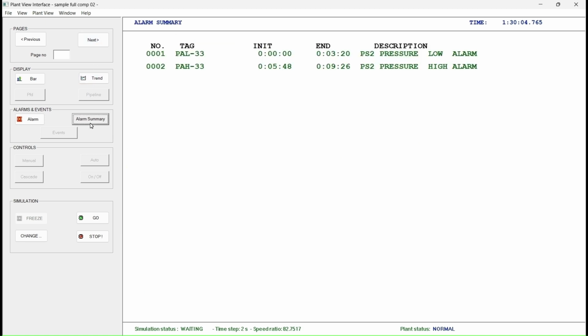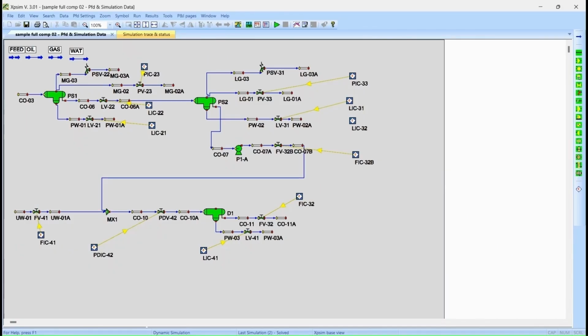The alarm summary window shows the initial and final activation time for each activated alarm. Then the simulation is terminated. The plant view window is closed.